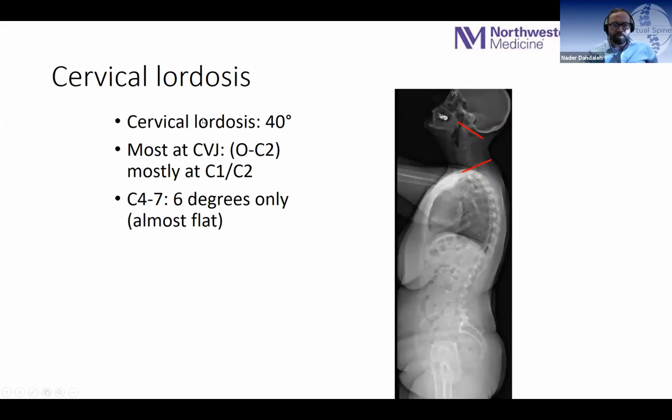One more thing we need to remember is that most of the cervical lordosis in the cervical spine is derived from the CVJ, or the upper cervical spine. Of the 40% average lordosis of the cervical spine, most of it comes mainly from C1-C2. So even if you're not including the occiput, you want to maintain that C1-C2 angle.